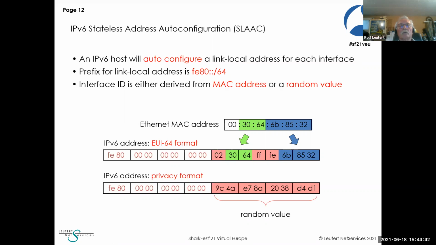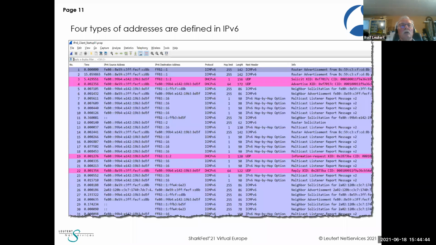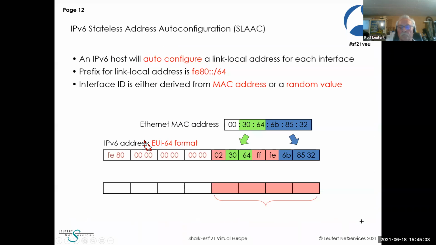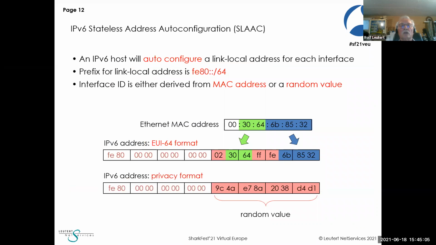Let's go back to my screenshot here, and then you can see here, this seems to be a random address because the FFFE is not available here. So here you see the FFFE. So this is a hardware derived address. So you can easily see the difference here, but it doesn't actually matter for the function, just so that you learn.